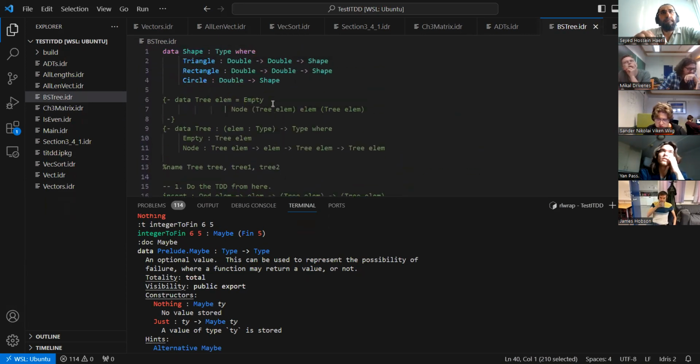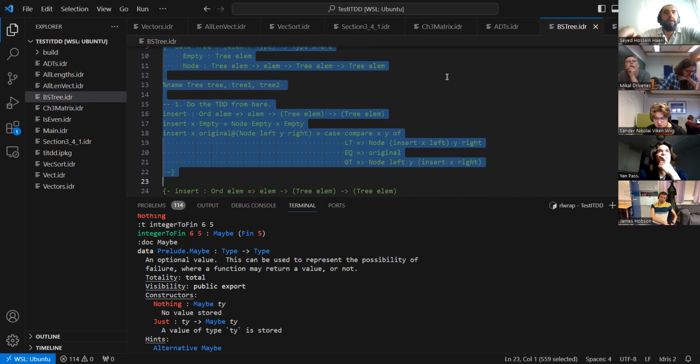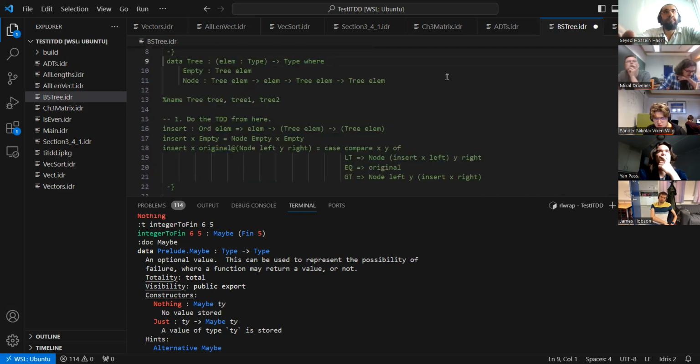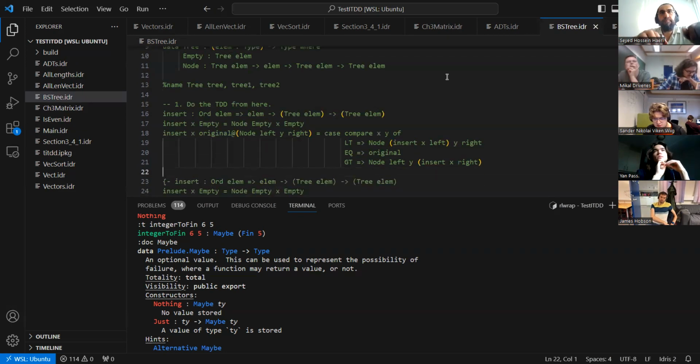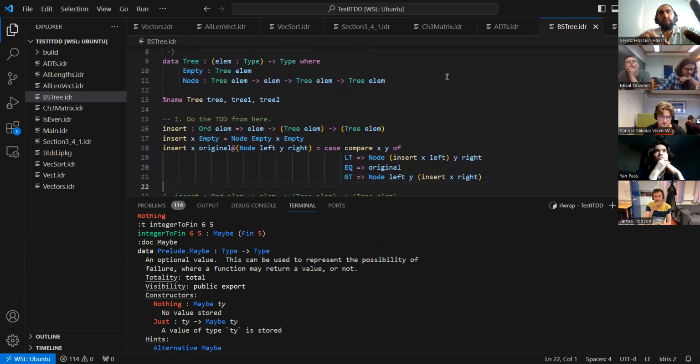Let's say that we're still in this world where there is no ordering requirement on the element types of tree.